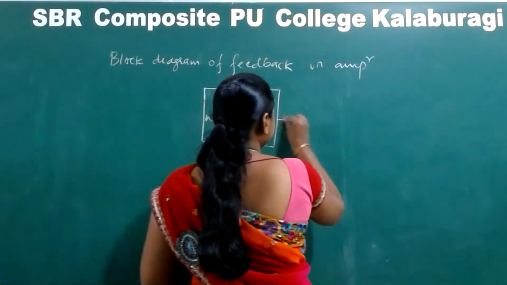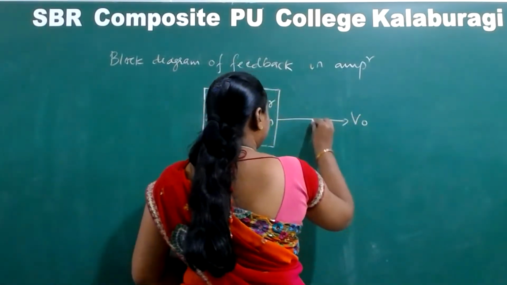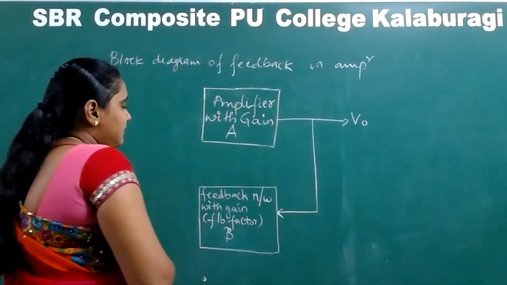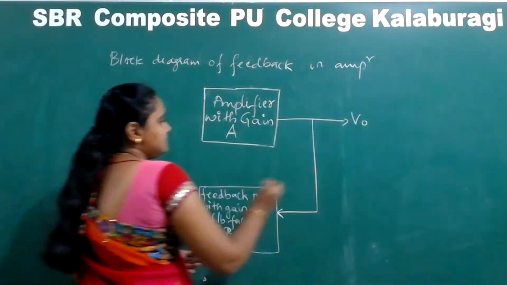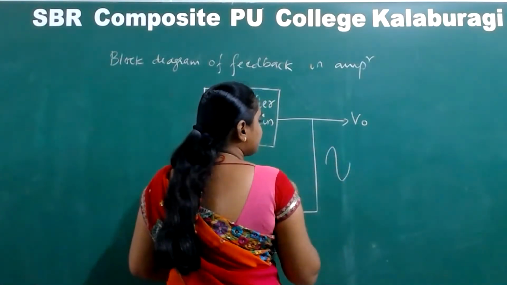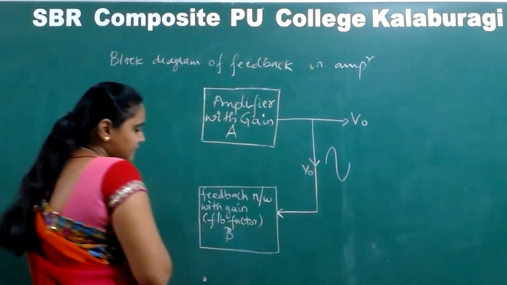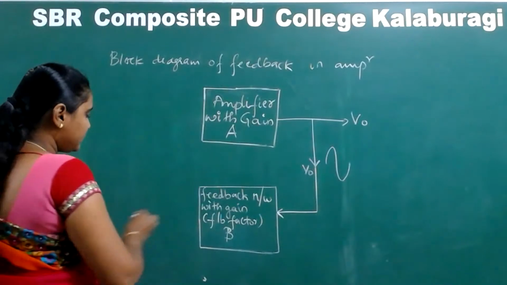Here it will produce the output, and a portion of the output is taken and given to the feedback network. This is the portion of the output, V naught, that is moving towards the feedback network.